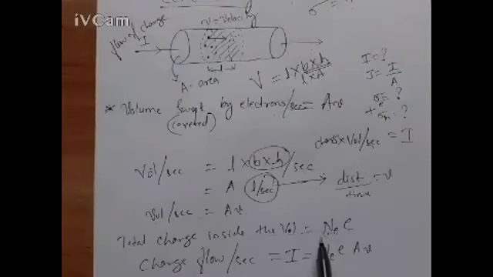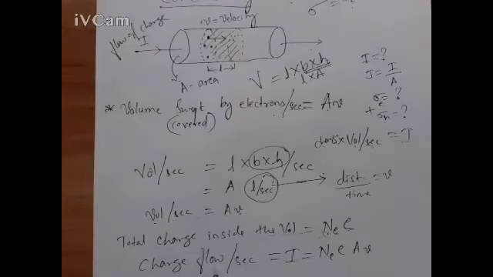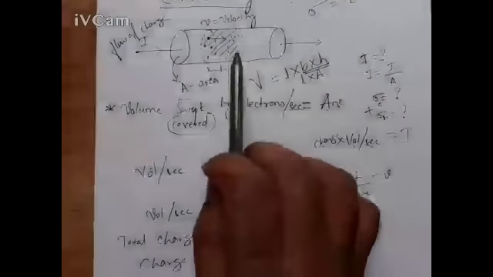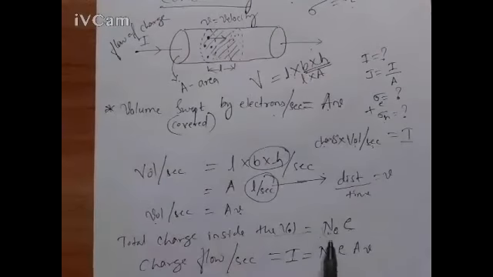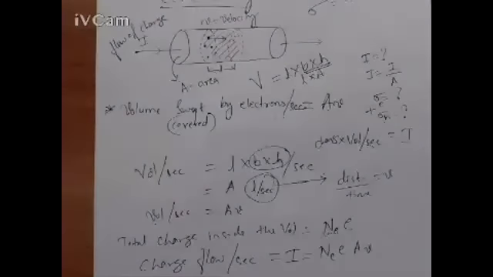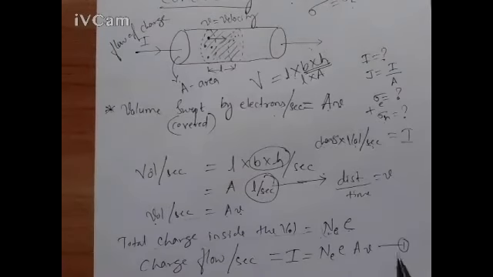If I multiply these two, I'll get the charge flow, that is the current inside that. Let us call this equation number 1.